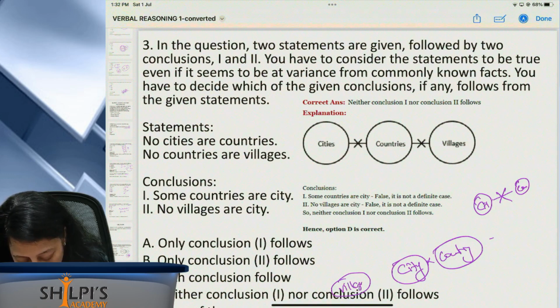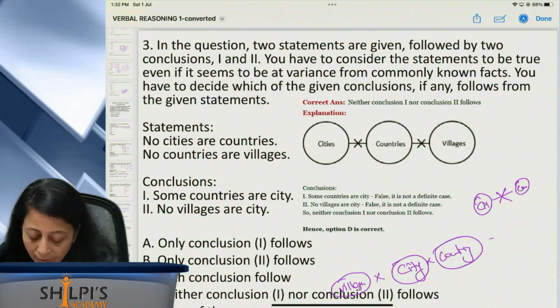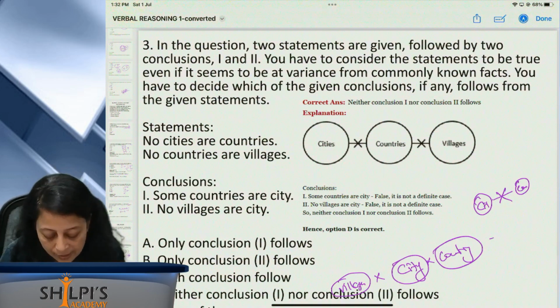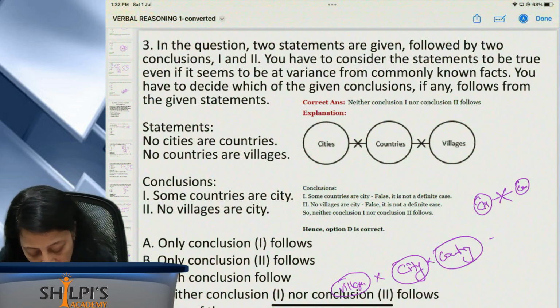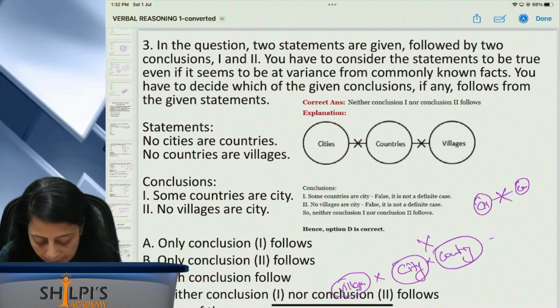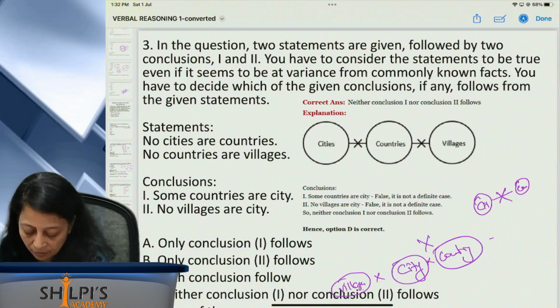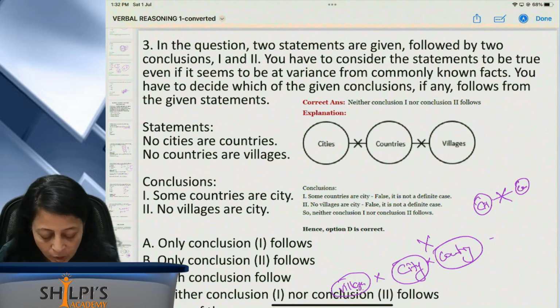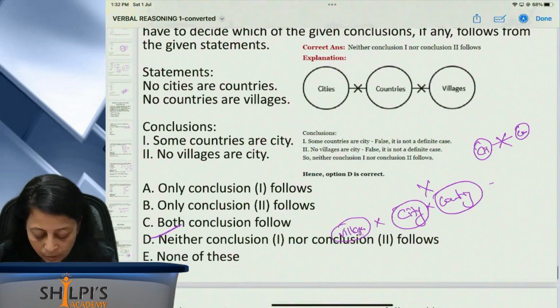Villages are also not cities. So what are the conclusions they have given here is, some countries are city. No, they are not right. So first conclusion is of course false. No villages are city. Yes. No villages are city. So both the conclusions we cannot apply. So it is neither conclusion 1 nor conclusion 2 follows.